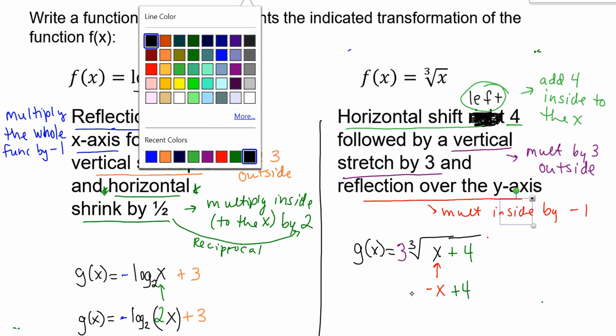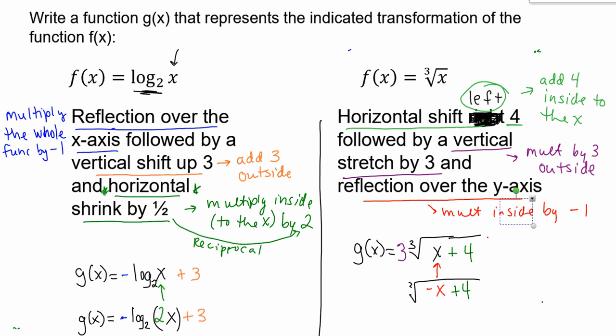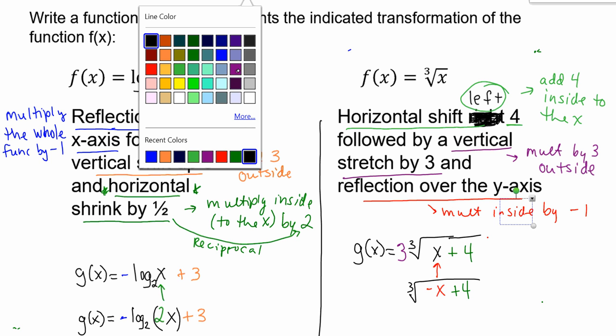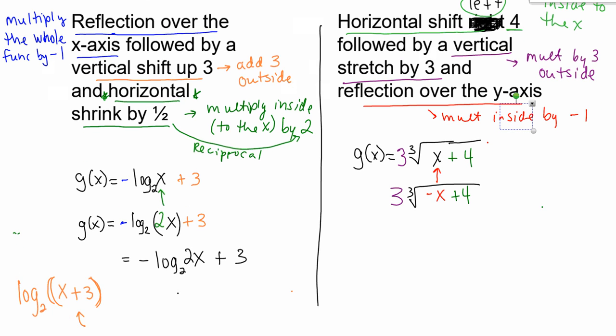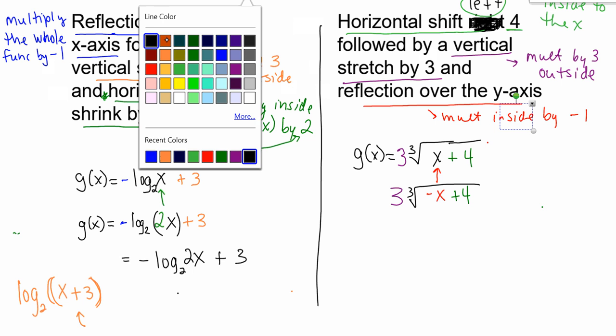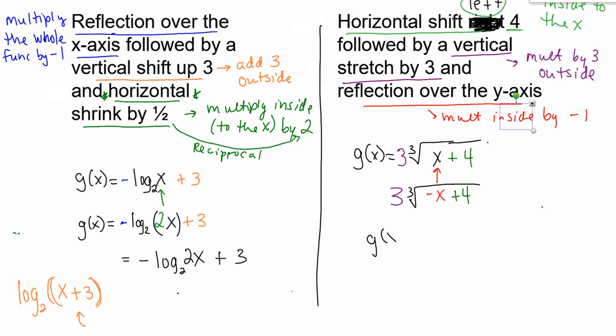And we've still got this cubed root. Still got the 3 out in front. So our final function is g of x equals 3 cubed root negative x plus 4. That's it.